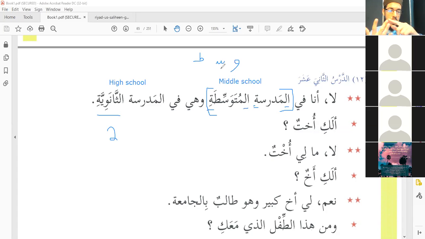We have the wusta, which is the middle finger. This is the root. It has to do with something in the middle. So mutawassitatu, or in this case al-mutawassitatu, is middle school, and we'll delay to a later lesson how exactly we're deriving that form from the root.